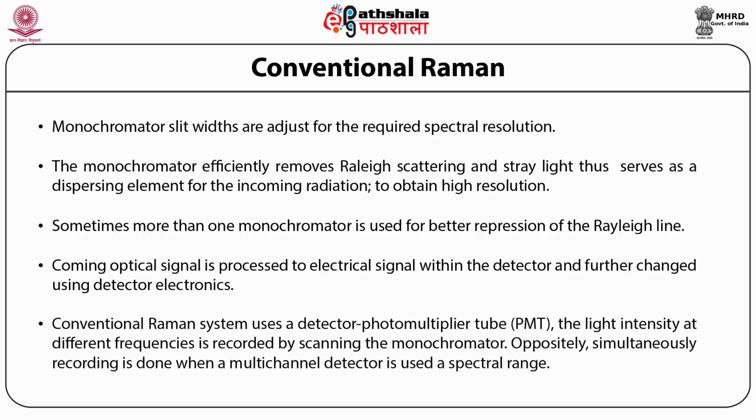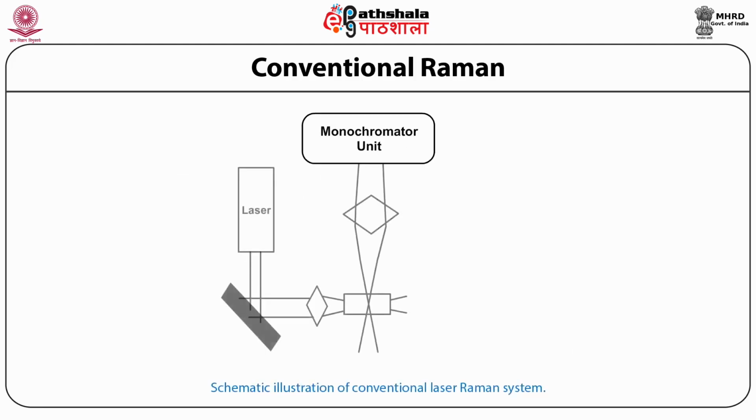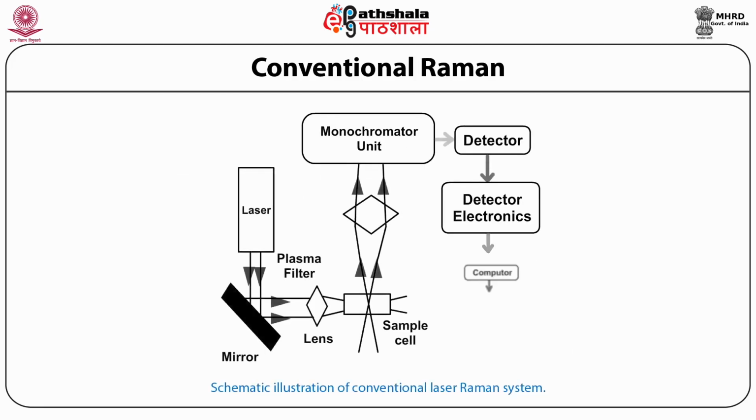The light intensity at different frequencies is recorded by scanning the monochromator. Simultaneous recording is done when a multi-channel detector is used over the spectral range. As we can see from the schematic, optical lenses are needed for illumination and collection of scattered light from the sample.